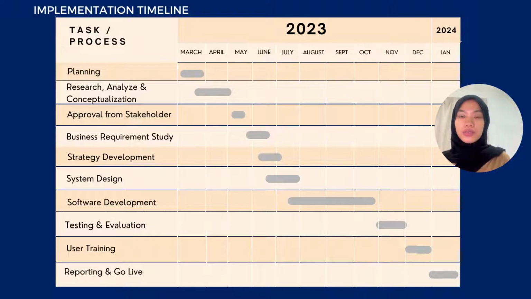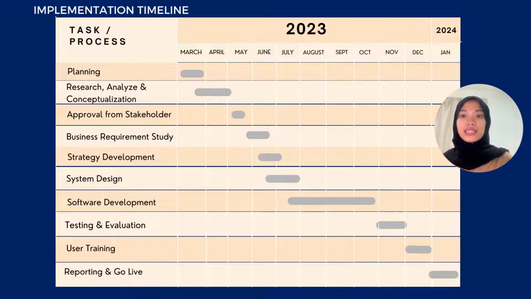After that comes approval from stakeholders, which should take 2 to 3 weeks in May. After stakeholders approve, it moves to business requirement studies, so that management will study more about BI or software, until June. Then strategy development runs from June until July.